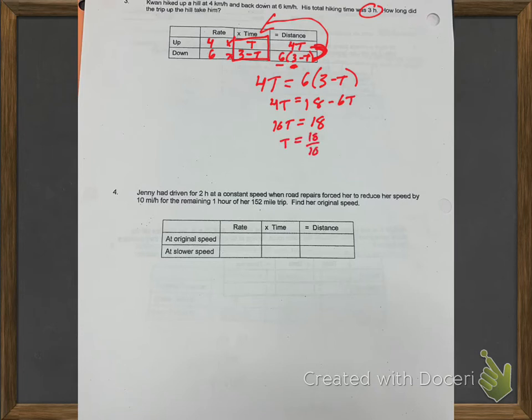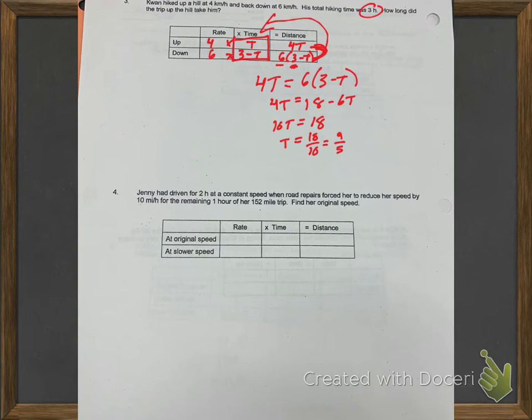And I'm keeping that in a fraction because, again, what I'm going to do is see how many actual minutes that is. So I can actually reduce that. I know that 2 goes into both of these, so that's going to be 9 over 5.